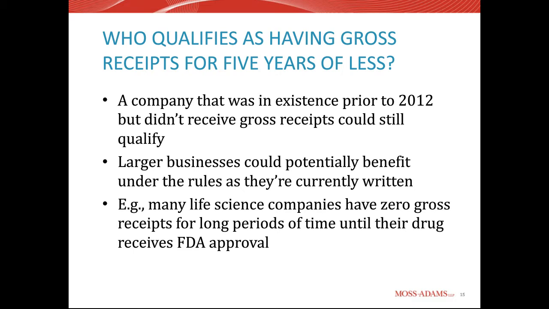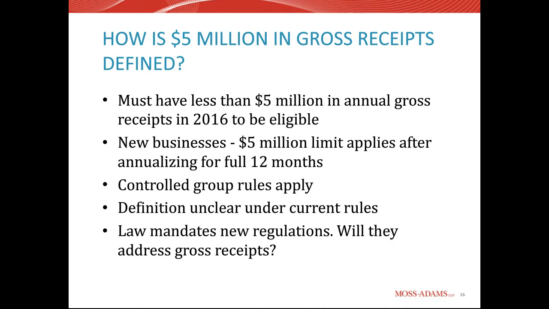As the rules are currently written, companies that fit this profile could still be eligible. In fact, many well-funded life science companies could qualify under the new rules, and these are companies that spend a lot of money on research and development. But then this also leads us to another very important question, and that is, how do you define gross receipts?